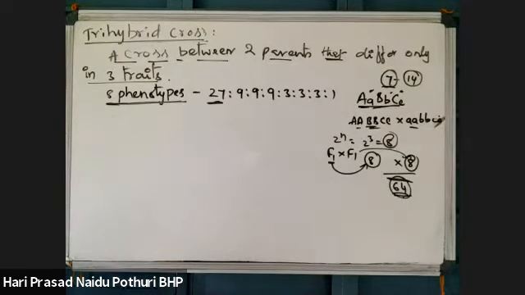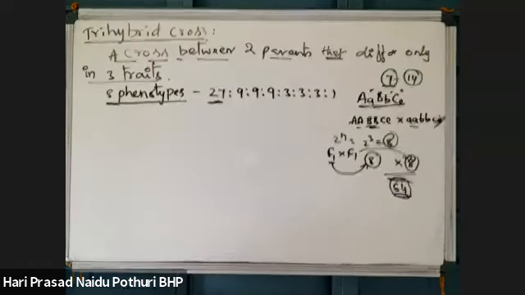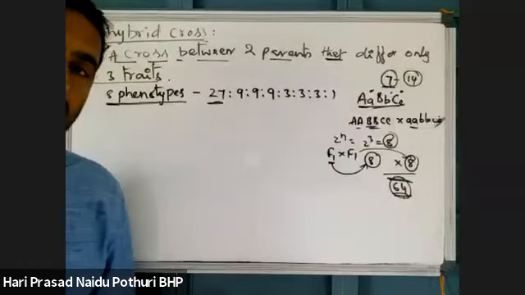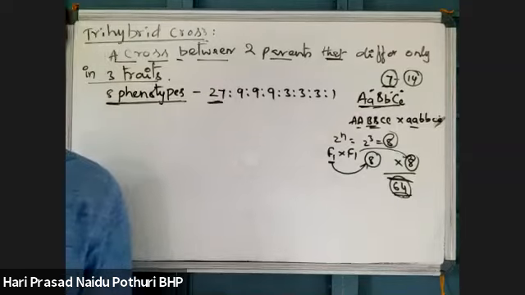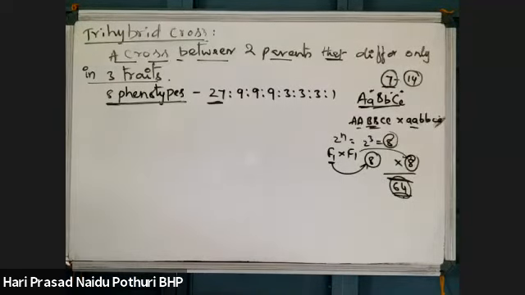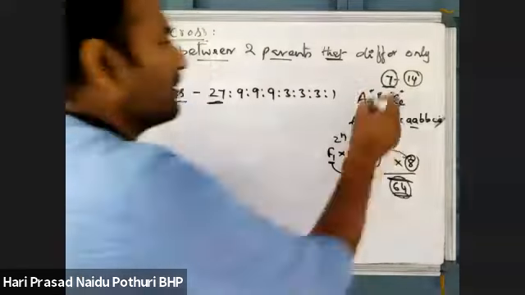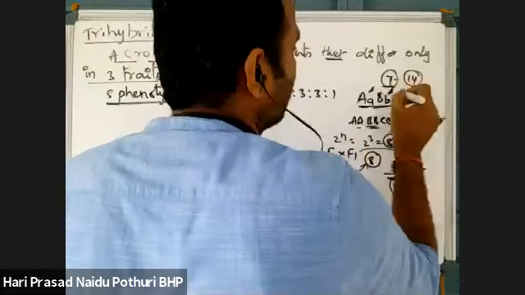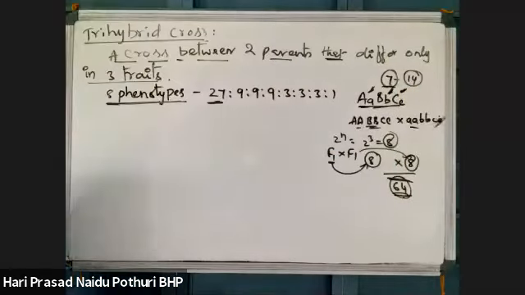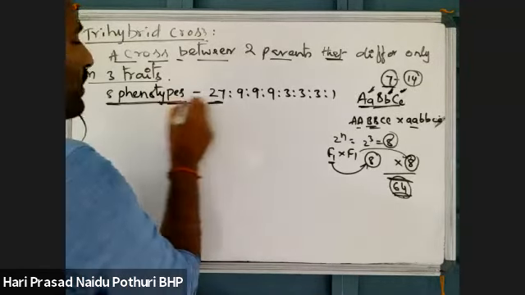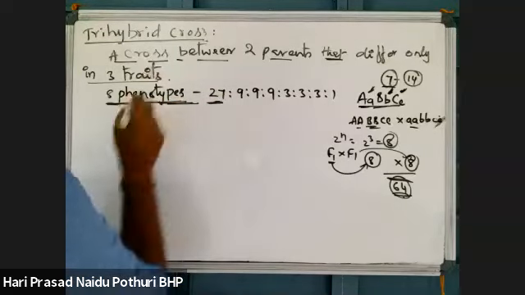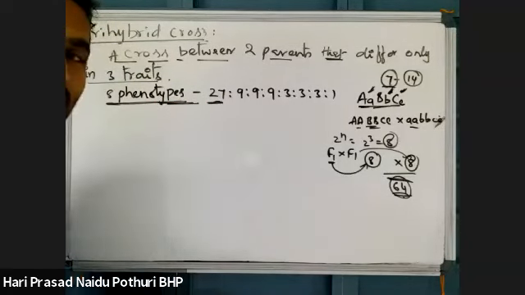Independent assortment is possible when the genes are present on different chromosomes. This gene is present on one chromosome, this gene on another, and the third gene on another chromosome. Here, the phenotype ratio is enough.